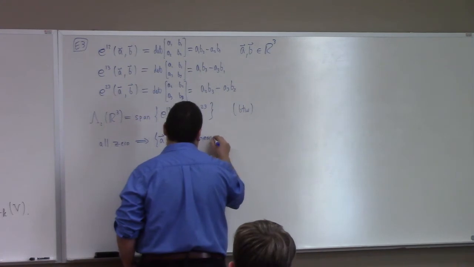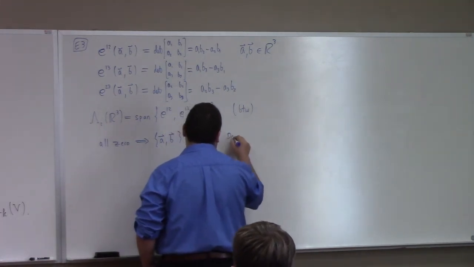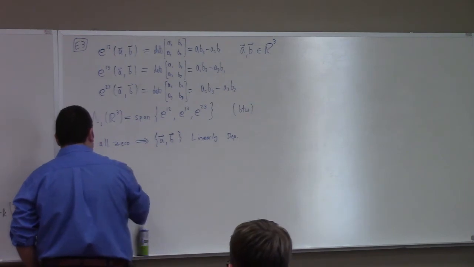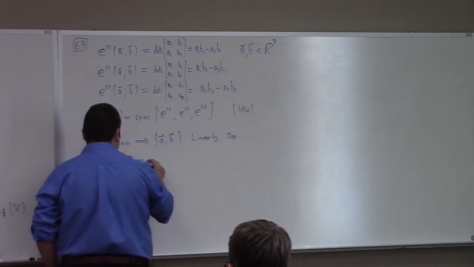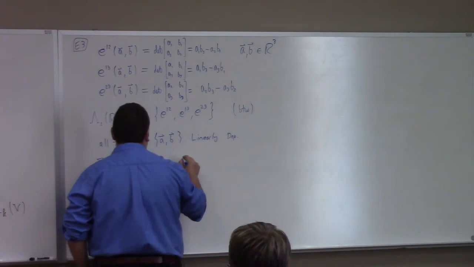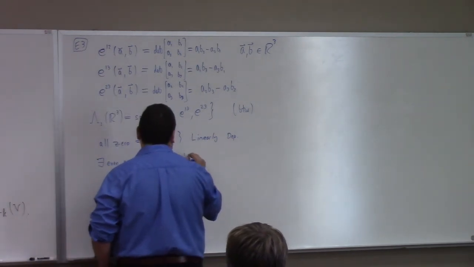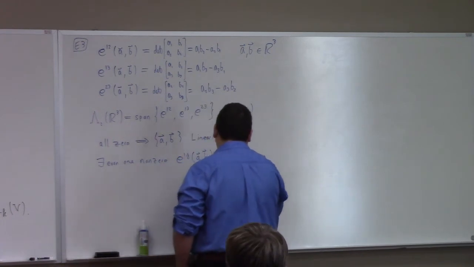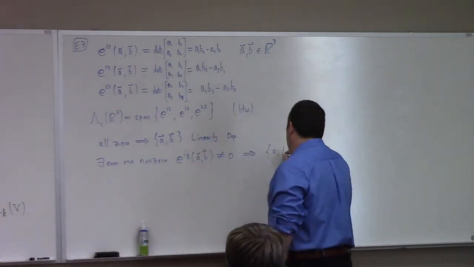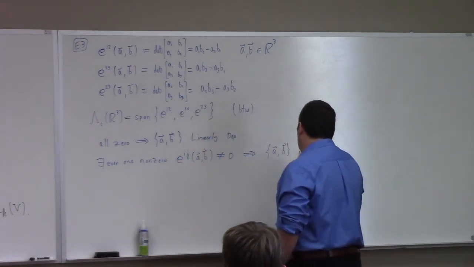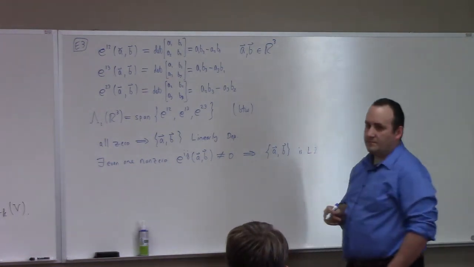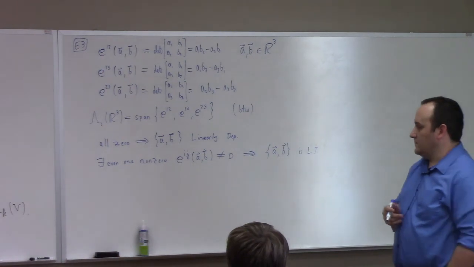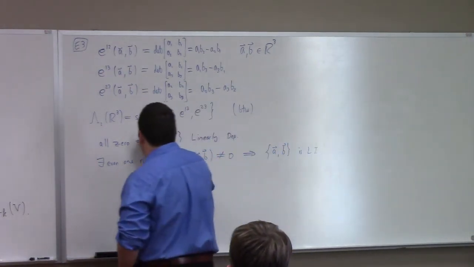However, on the other hand, if there exists even one non-zero, if you can find E_IJ of A, B not equal to 0, then that implies that A, B is linearly independent. That's also true.